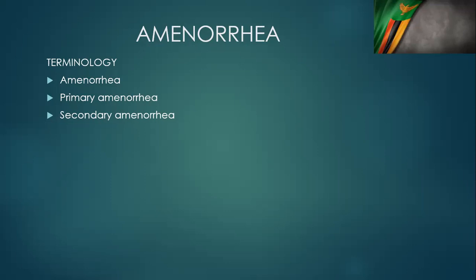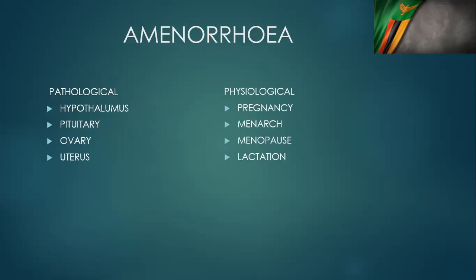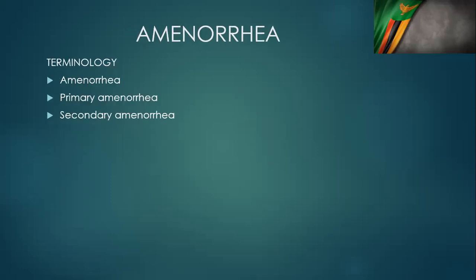So amenorrhea is different. If you have been having regular menses, you need to have 3 months of no menses for us to really call it a problem, a clinical amenorrhea, something that needs to be attended to.